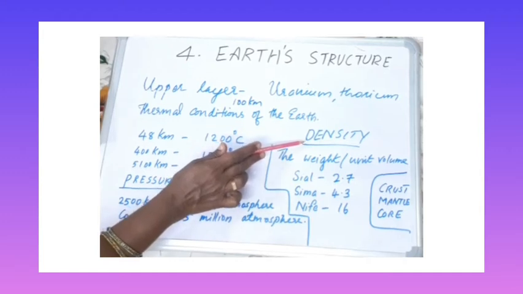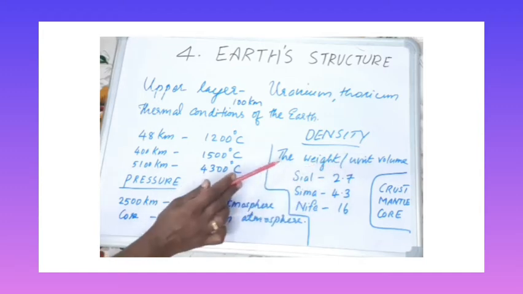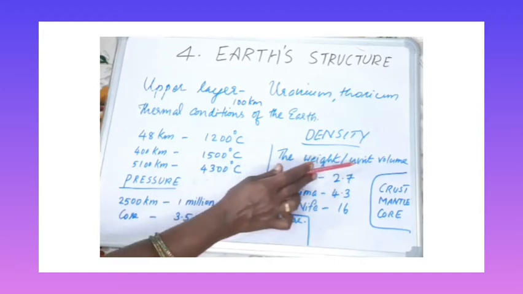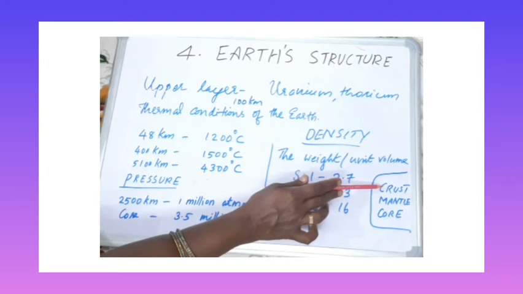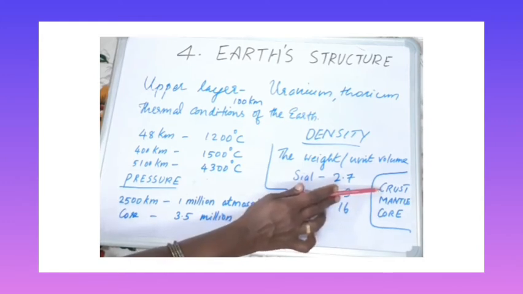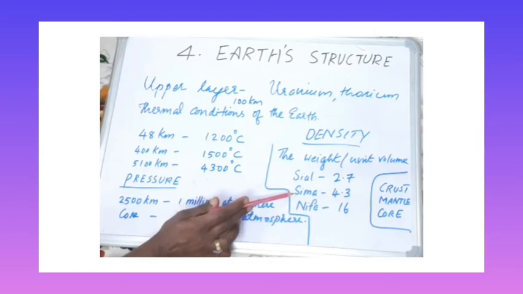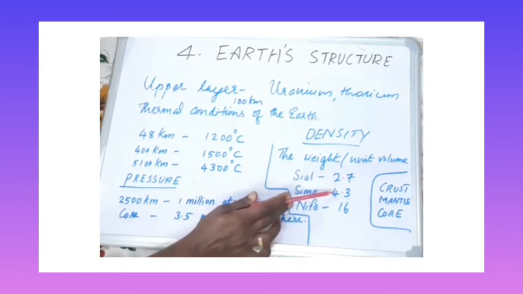Density is another important factor which helps us to know the structure of the Earth. What is meant by density? Density is the mass per unit volume. The Earth is composed of 3 layers: crust, mantle, core. The crust or lithosphere is again divided into 2 layers, SIAL and SIMA. At SIAL, the density is 2.7, and at SIMA, it is 4.3.